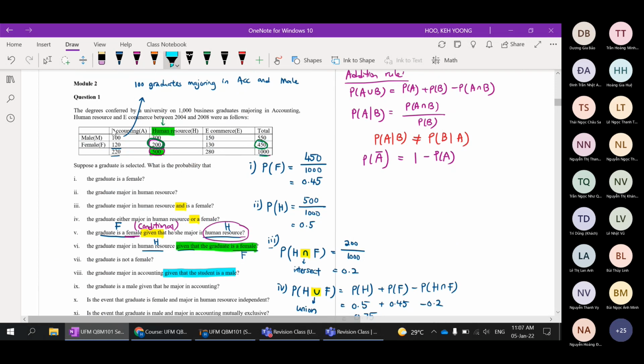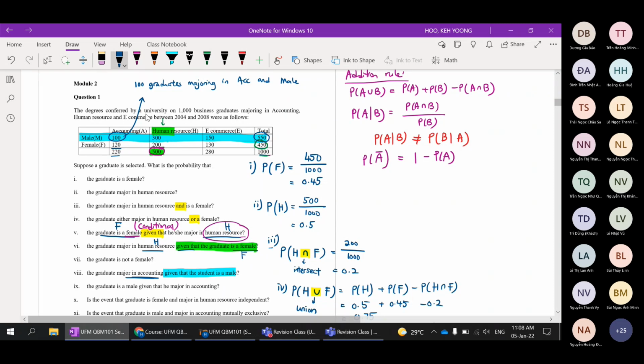We will look at the male row this time, because this is the given event. The total for male is 550. Out of this 550, how many of them major in accounting?